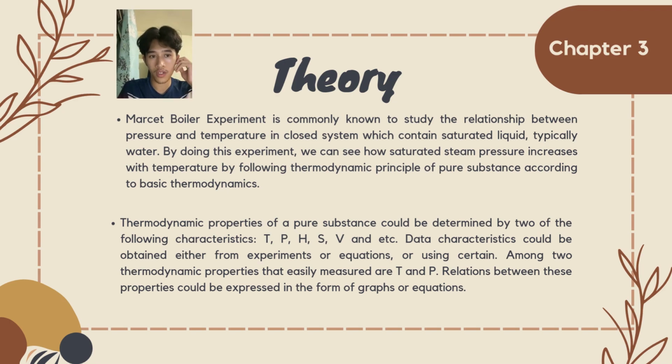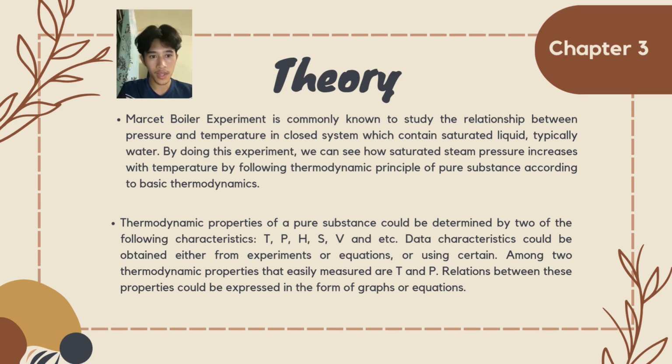And also the thermodynamic properties of a pure substance could be determined by two of the following characteristics, which are T, P, H, S, and V. This data could be obtained either from the experiment or equation, so from theoretical and also experimental. Among the two thermodynamic properties that are easily measured are T and P, which is temperature and pressure.